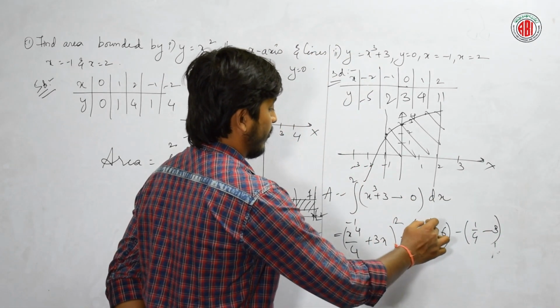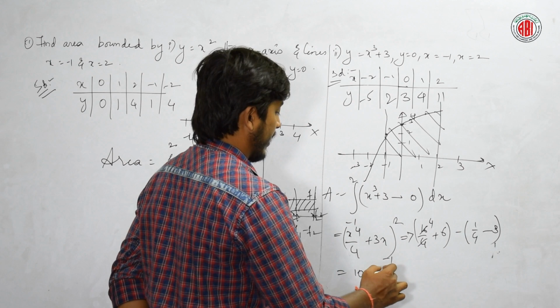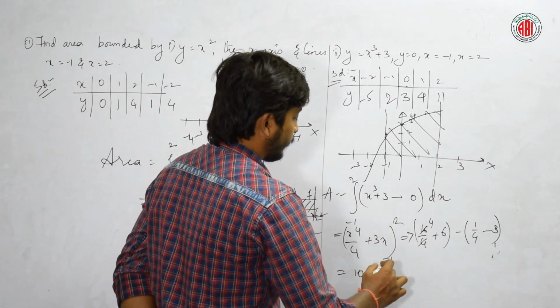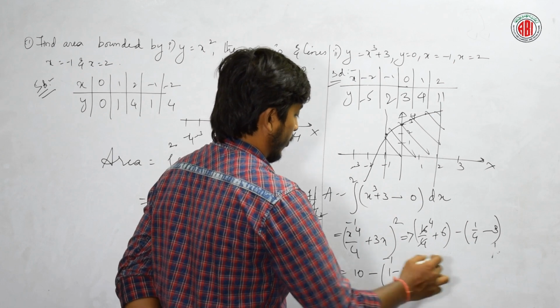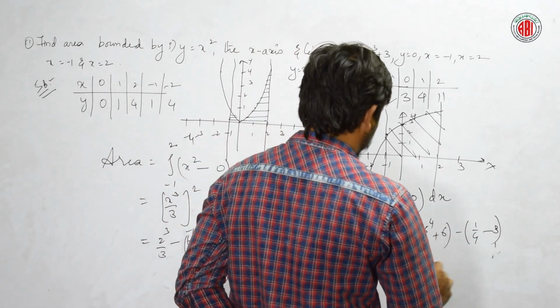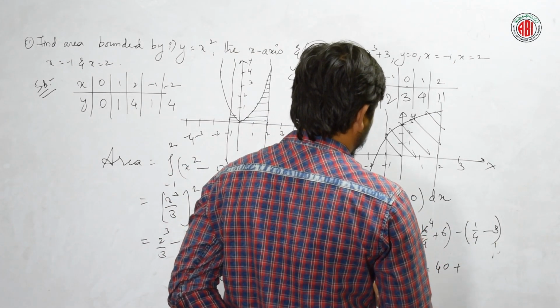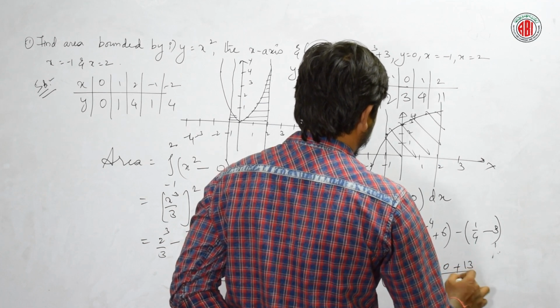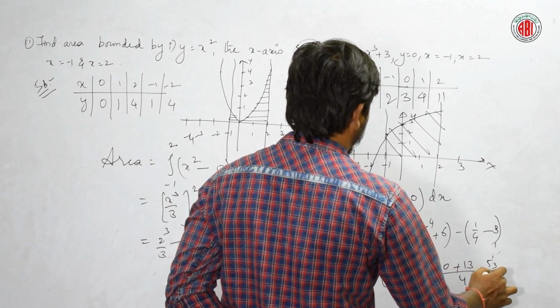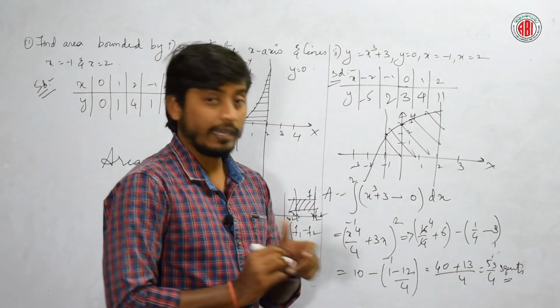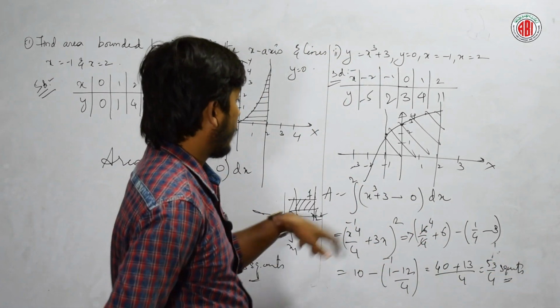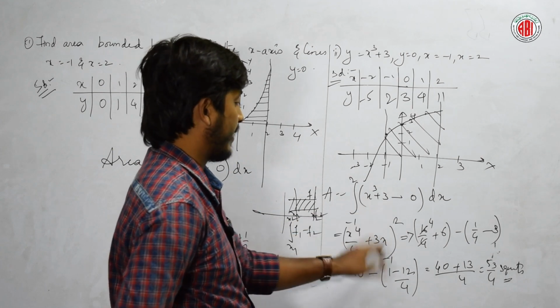So, 4 plus 6 is 10, minus 1 by 4, minus 4 threes are 12 by 4, right. So, 40 plus 13 by 4, that is 53 by 4 square units. Clear? Check again.